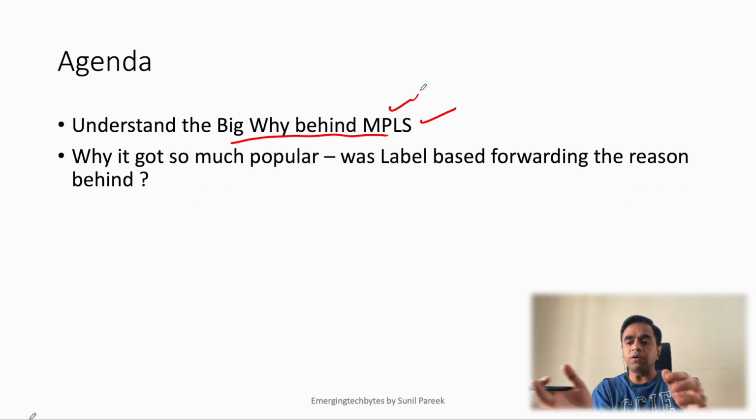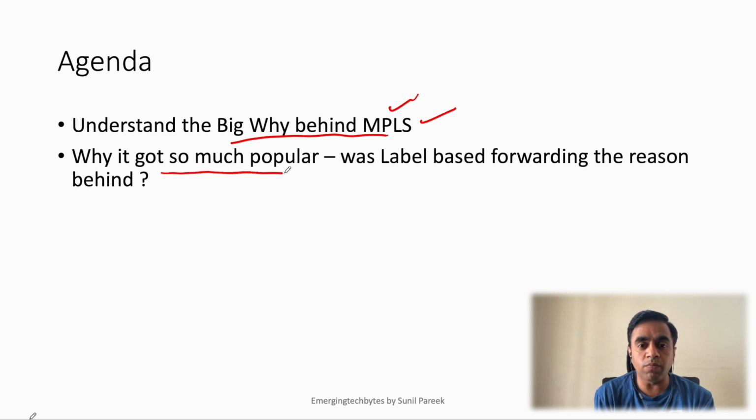Then, depending on the interactive discussions, I added a few more items to this recorded version. One of them is why it got so popular, and was label-based forwarding the only reason behind that, or was there something else to it.